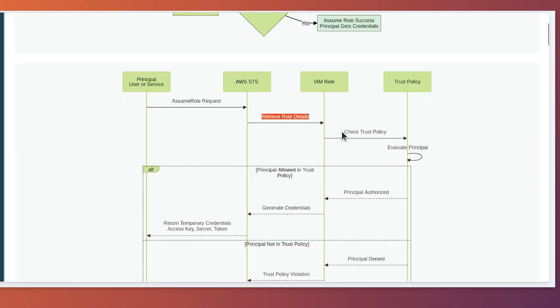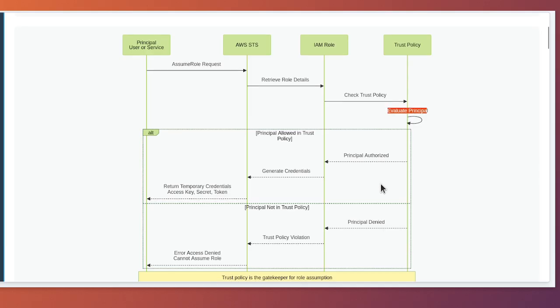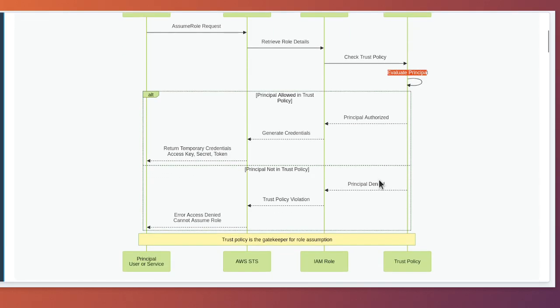IAM role forwards a message to trust policy labeled check trust policy, requesting evaluation of whether this principal is allowed. Trust policy then evaluates the principal by checking if the principal's ARN or service identifier matches any of the principals listed in the trust policy document, shown by the self-referencing arrow labeled evaluate principal.